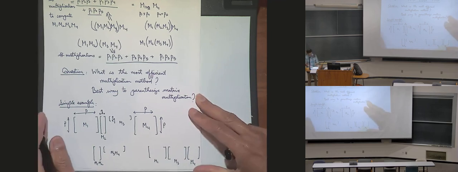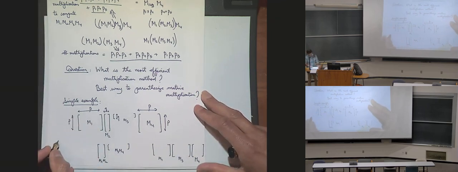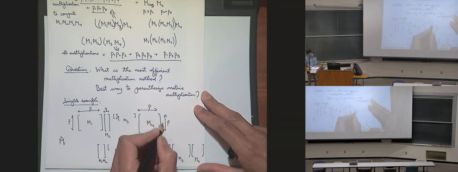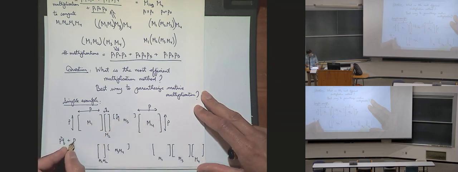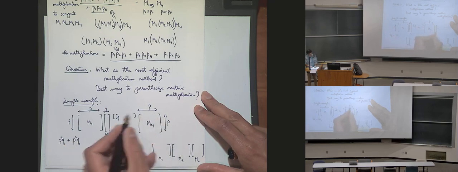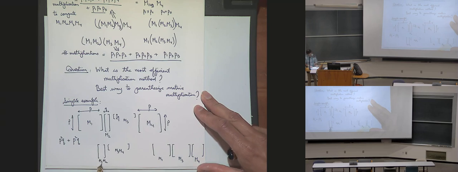For the first multiplication, you're going to get P square Q, P times Q. For this multiplication also, you'll get P square Q. And then finally, this is P, Q, Q, P, and again you'll get P times Q.